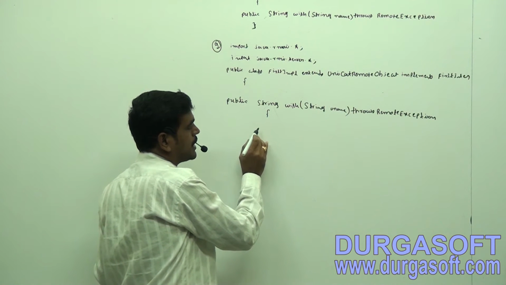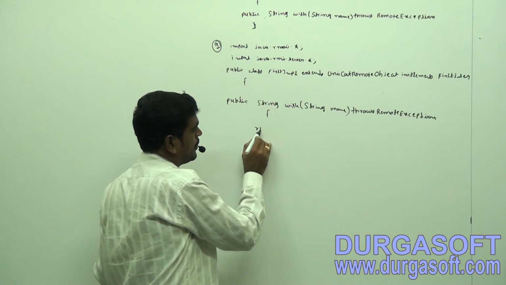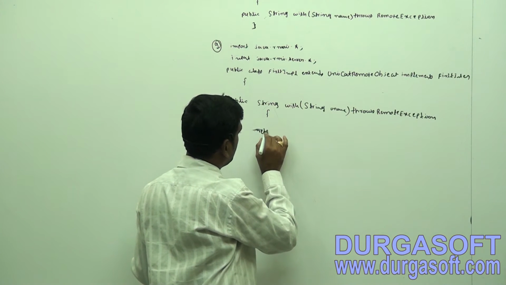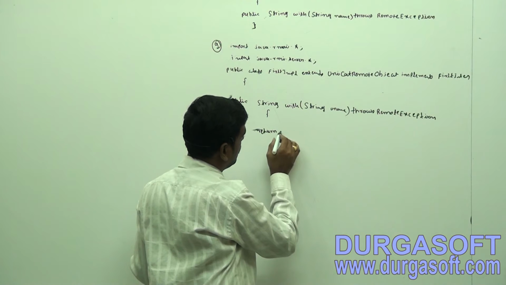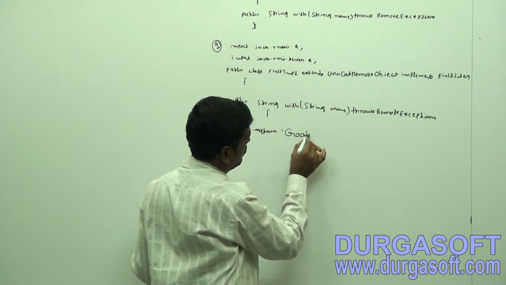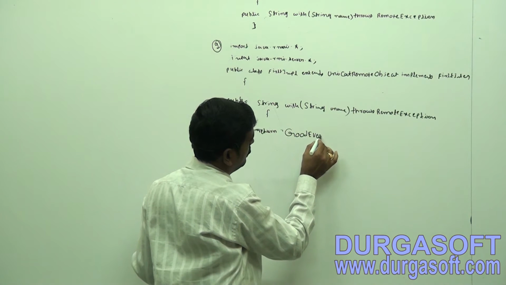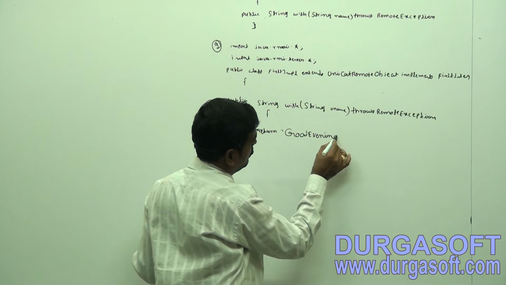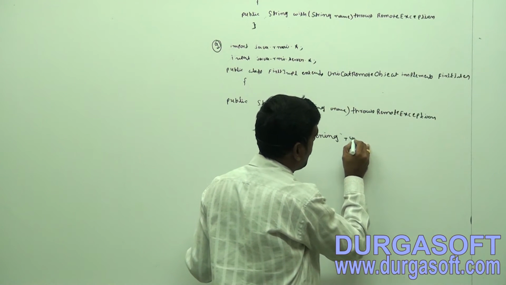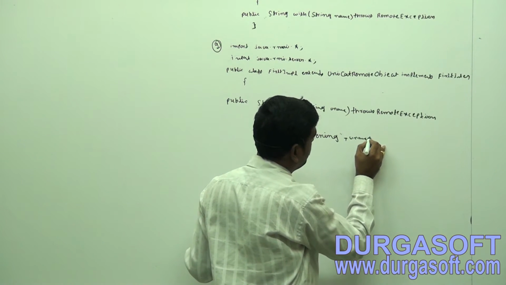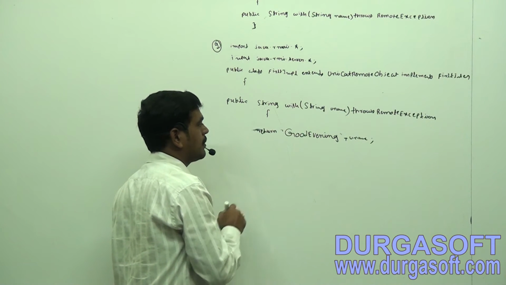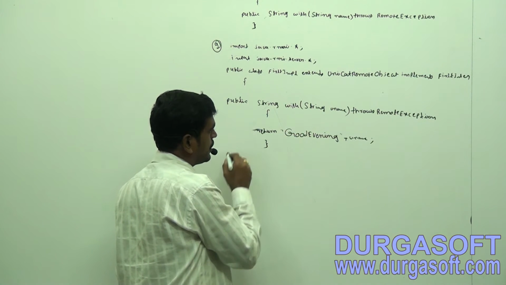If it is a small business logic, here itself we can write return good morning or good evening plus uname. This uname I am passing through my Spring. Now close.